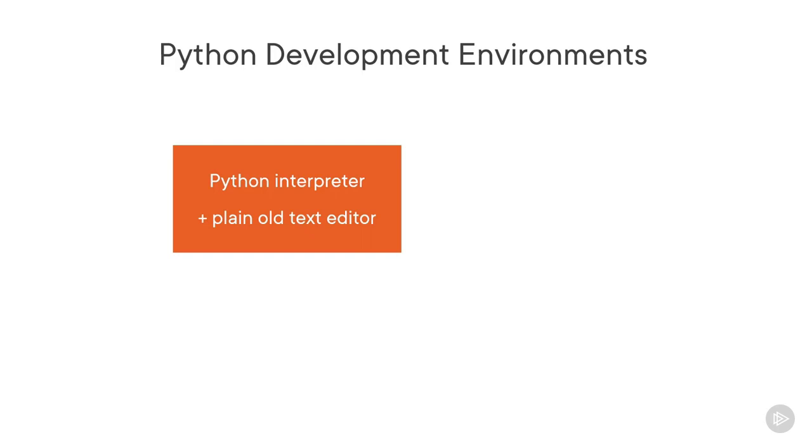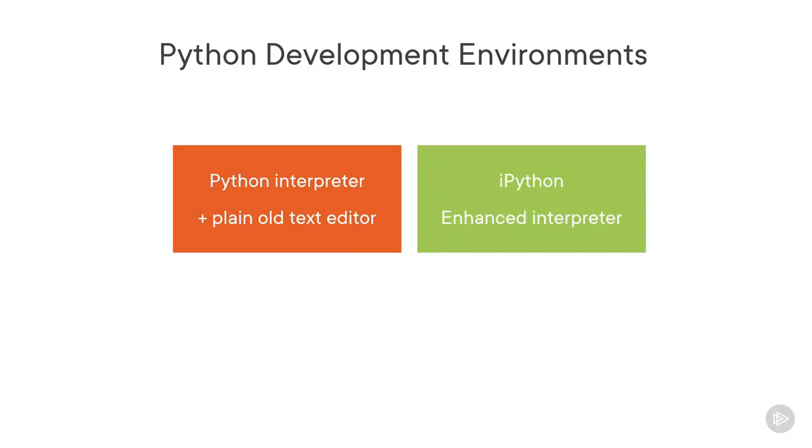Now, to create and edit scripts, you would typically use a text editor, right? You can't edit your scripts per se in the Python interpreter itself. Now, there's something called IPython, and this is an enhanced interpreter, and we're going to cover this in more detail, but it adds additional functionality on top of what you have with the Python interpreter.